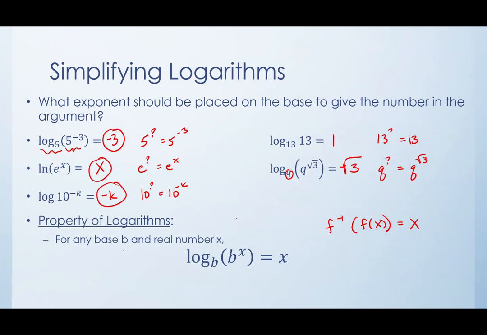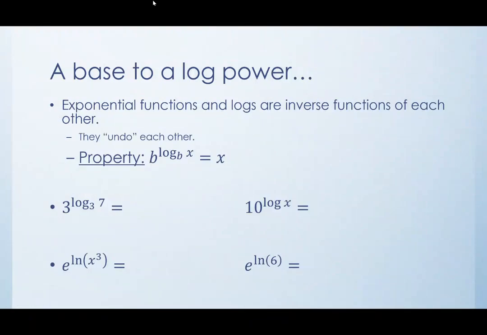So for any base b and any real number x, log base b of b to the x equals x. This is the property, right? Because they are inverses, when you compose them together, you get whatever the initial input is, which in this case is x.